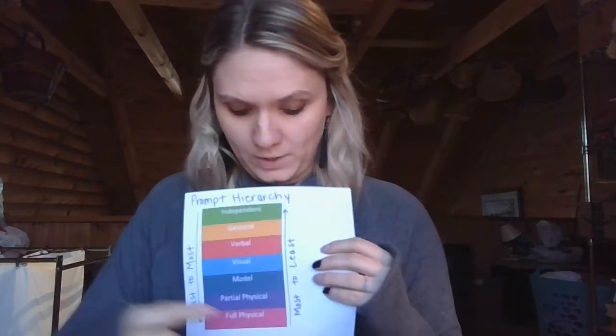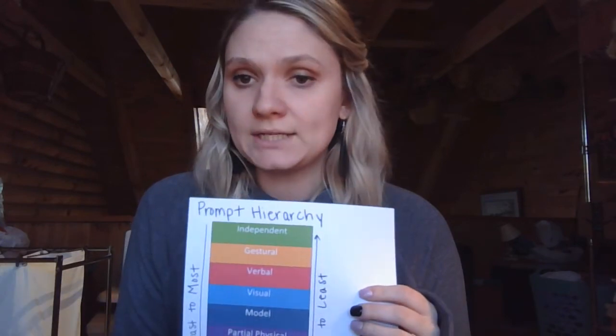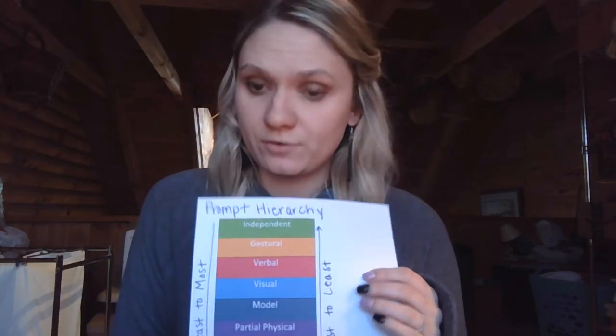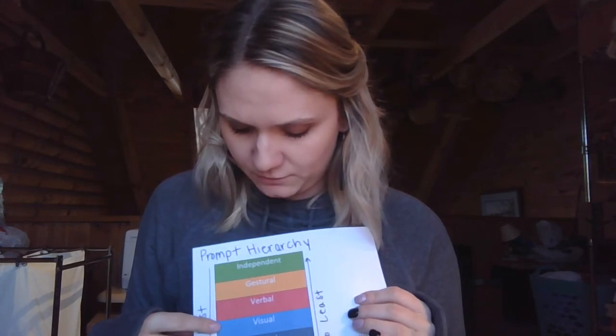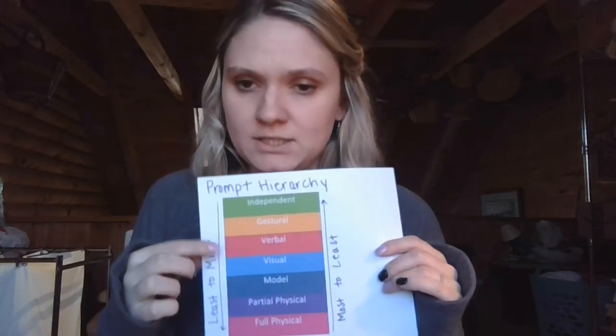The best way to gauge what prompt level they need is the response that you see in that initial training. So if you know that imitating someone is hard for them, you would most likely start with most to least, starting with a physical and then going all the way into independent. If you're trying to get some sort of intraverbal or answering of questions, you are probably going to stay with verbal or visual, just because you can't physically prompt a verbal response.